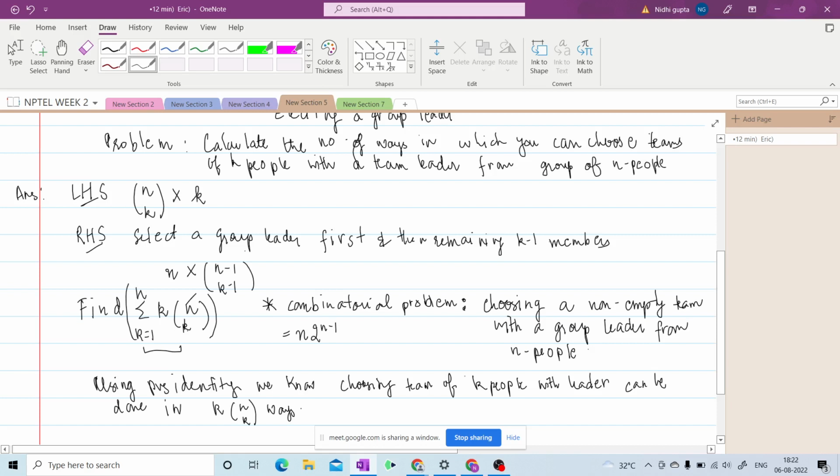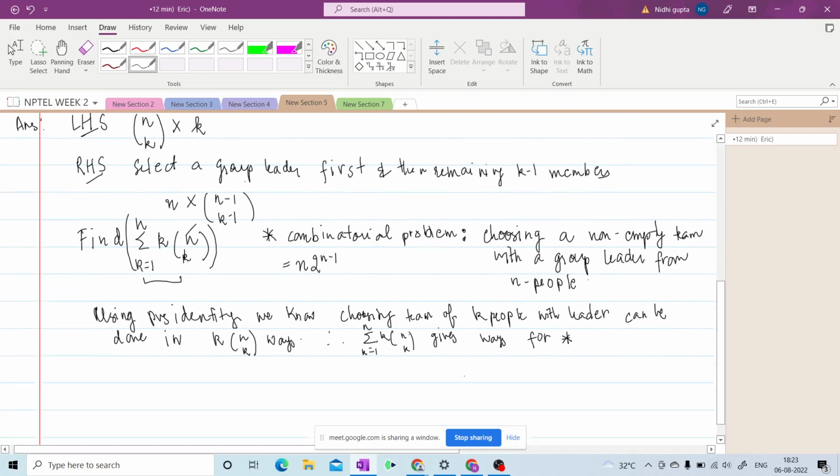And therefore, if we vary over k from 1 to n, this is equivalent to choosing for our problem. This number gives the ways for the star problem.